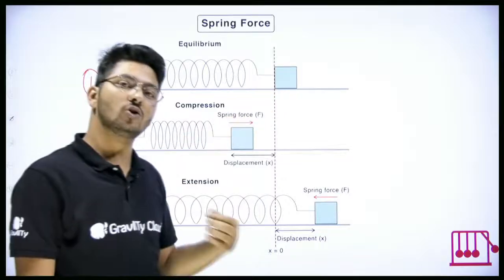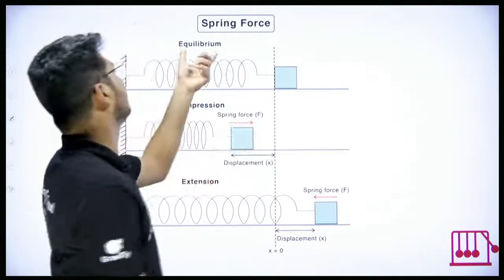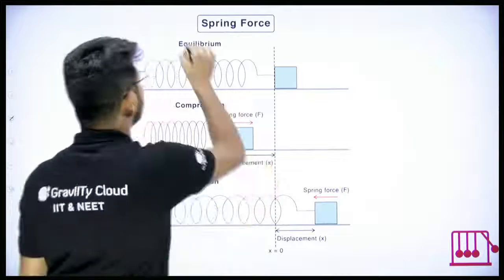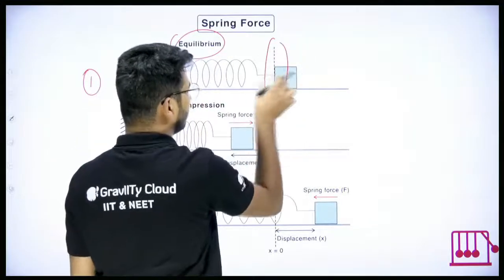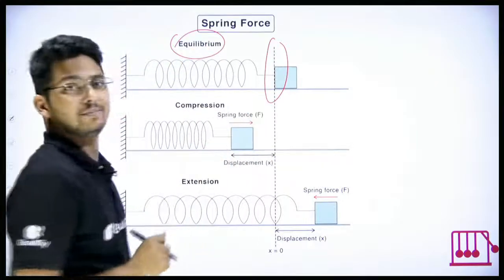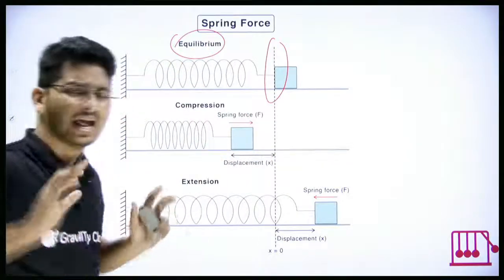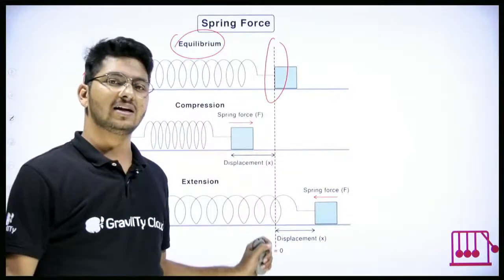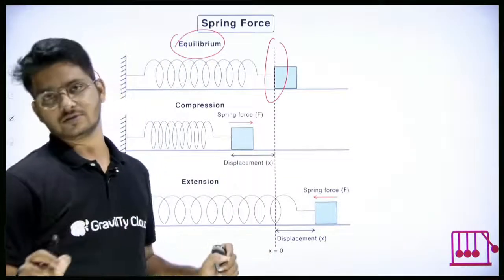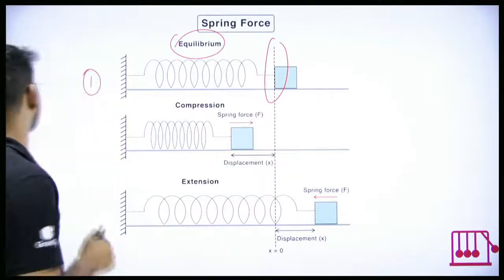So whenever there is no spring force, that is equilibrium position. Let's say this dotted line shows the position of the block where we call equilibrium position. Spring is in natural length. It is not compressed. It is not elongated. So no spring force.